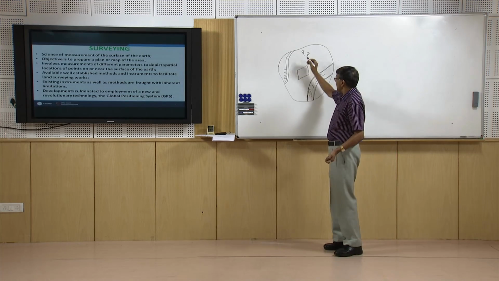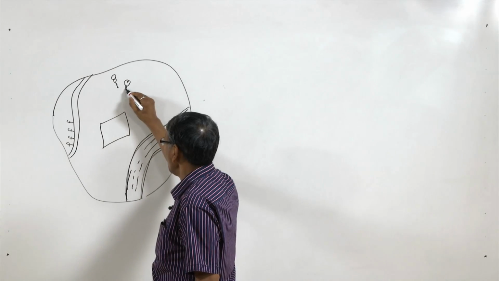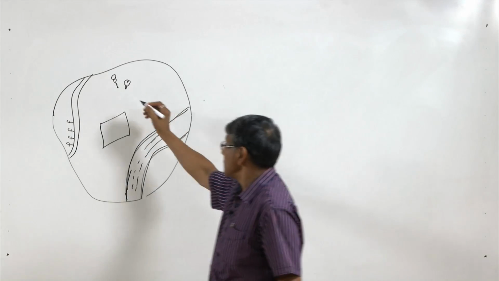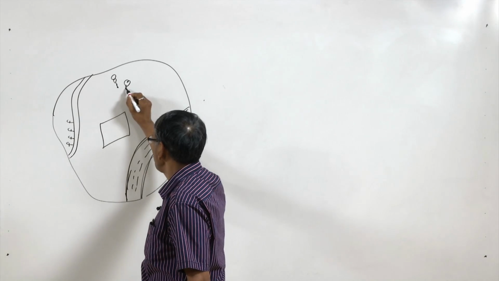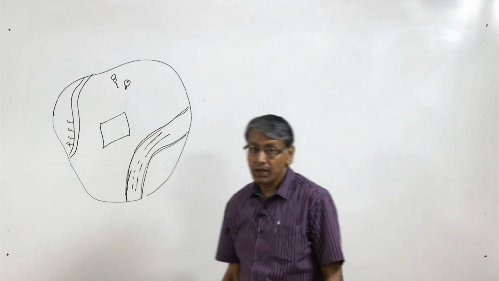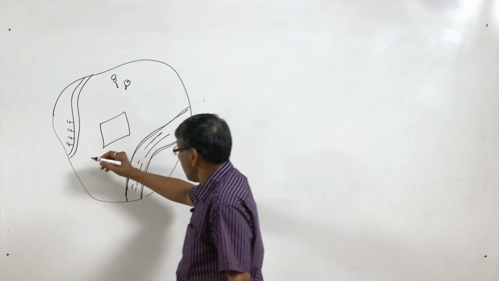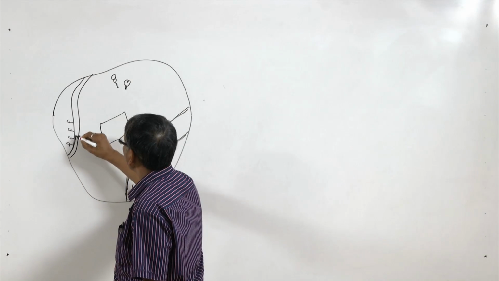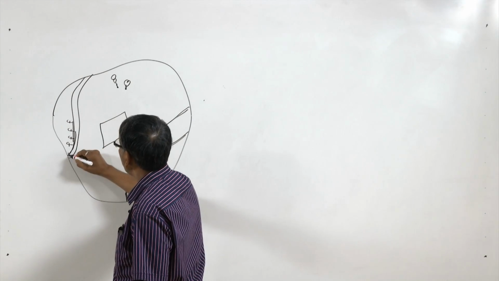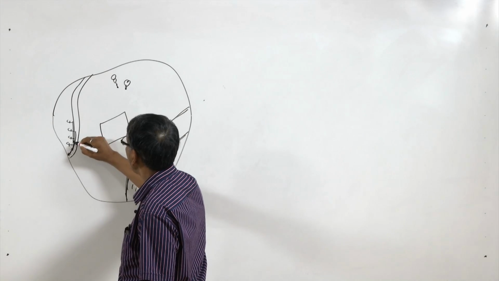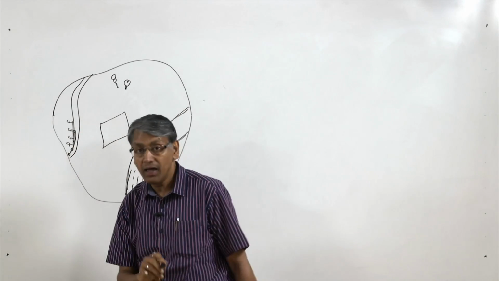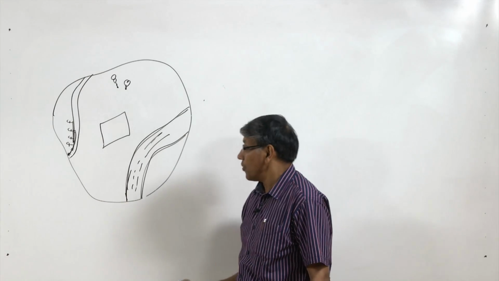Suppose I want to know where this tree is. So simply by knowing its location we can find out the tree. Now if I want to go for this side of this road, we can identify some salient points on this road, and joining these points we can get the side of this road.